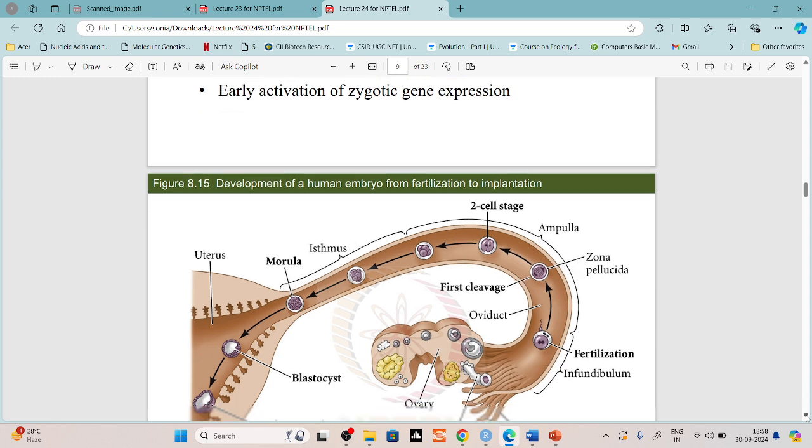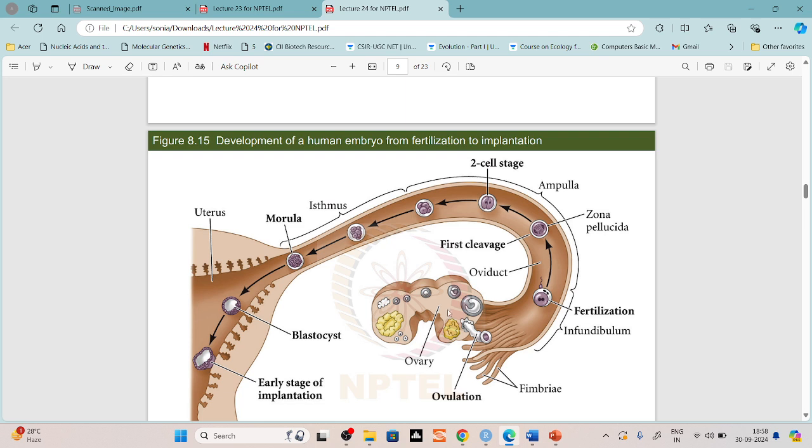This is the whole female reproductive duct you can see. In the ovary, ovulation takes place, and then these fimbriae help in circulating the egg through the duct to the uterus. This is the infundibulum region where fertilization takes place.